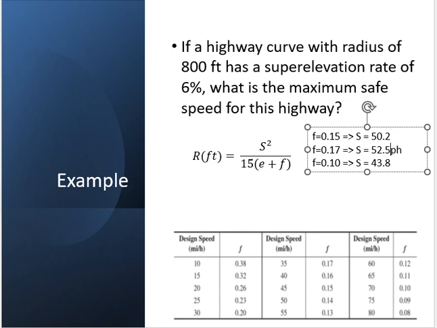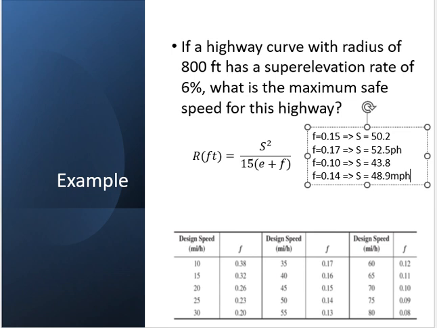So if I put F as 0.14, how much will be my coefficient? For 0.14, the matching was 50 and I am very close to 50.